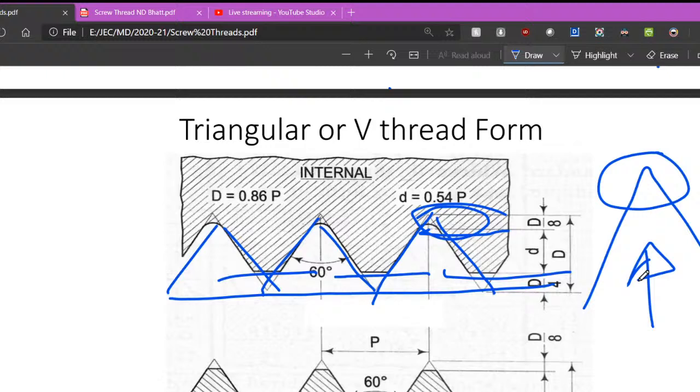And since in machining the tool wears, we will not be able to get it in all the threads. So instead of getting a pointed thread, we leave some material and make it a curve this way. So we leave it for the internal thread on the root side, and for the external thread again on the root side.